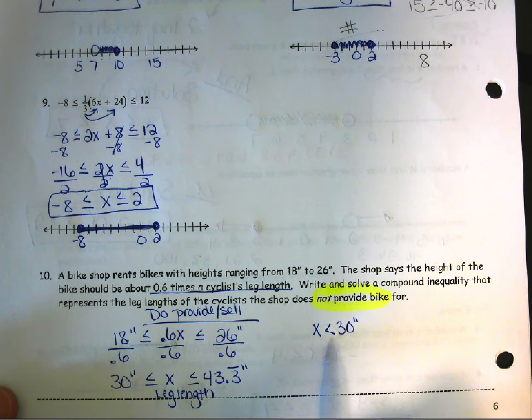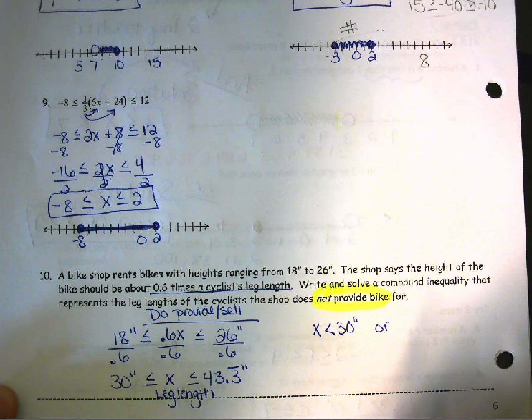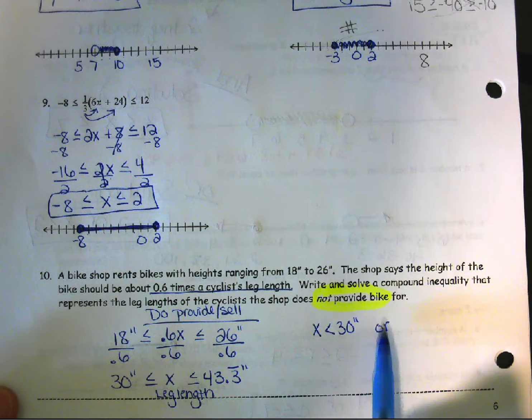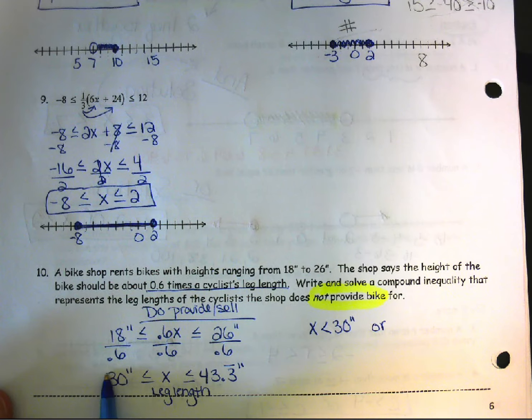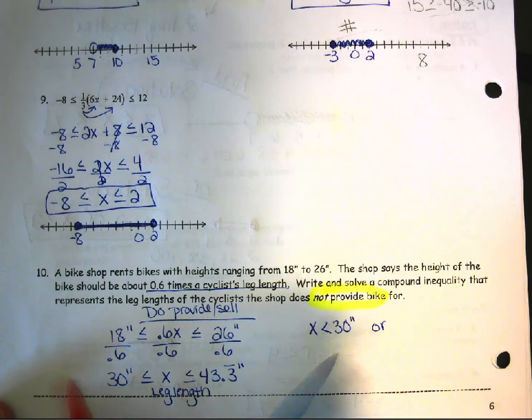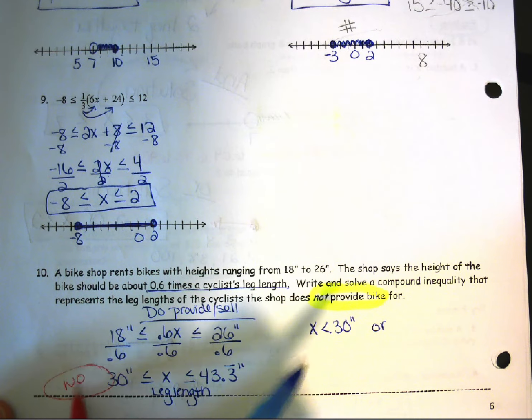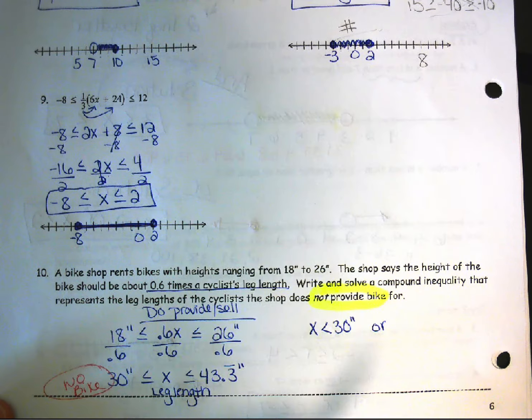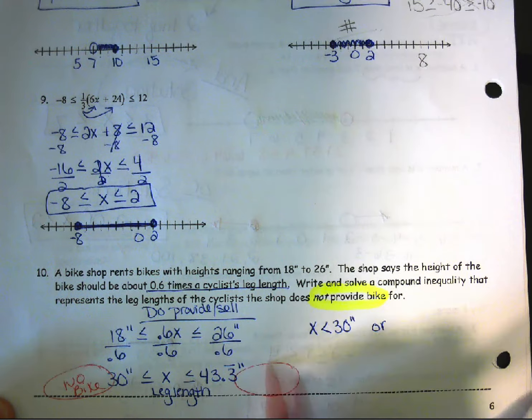So see how I switched the bar. Then we're going to do the opposite. So instead of an and, we're going to make this an or. So if you're below 30, if you're on this side, no bike. If you're on this side, you're too tall. No bike. So now notice what we have here.